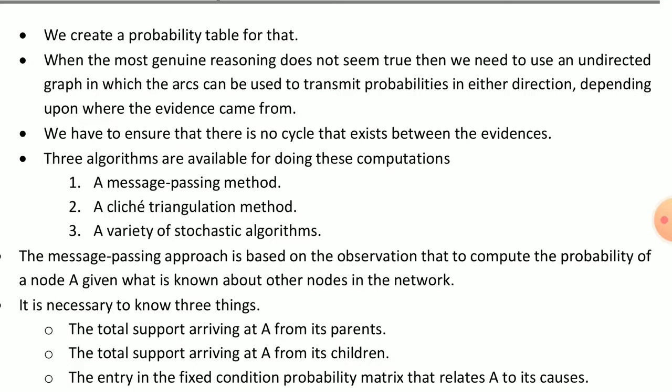And when the most genuine reasoning does not seem true, then we need to use an undirected graph in which the arcs can be used to transmit probabilities in either direction depending upon where the evidence came from. Now we can take the genuine reasoning, okay, and we can say that the graph is undirected graph.